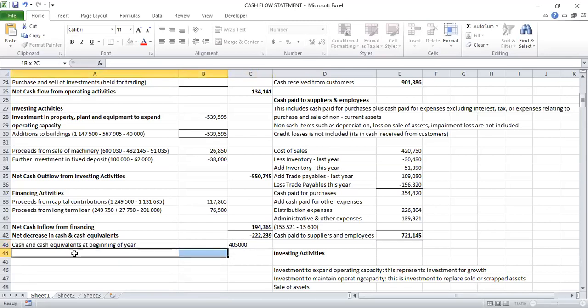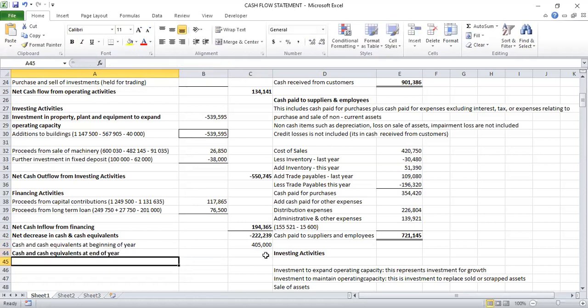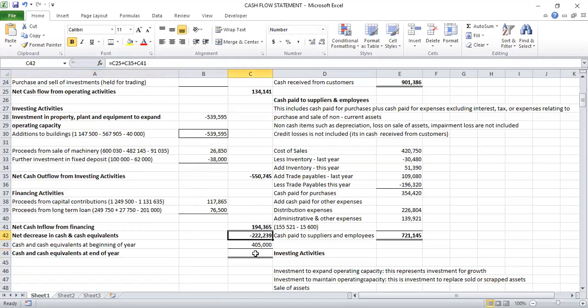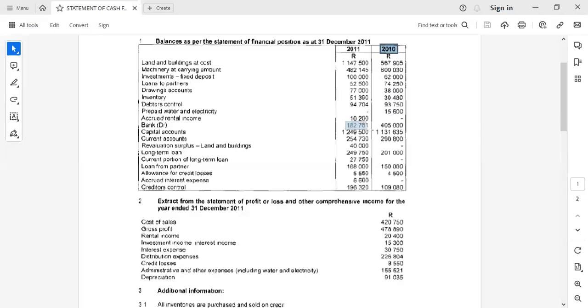Then you get your cash and cash equivalents at end of year. That will be the net decrease plus the cash and cash equivalents at the beginning of the year. We get 182,761, and the answer that we get should be equal to the cash and cash equivalents for this year. If you check that this is 182,761, then you know everything has tallied.